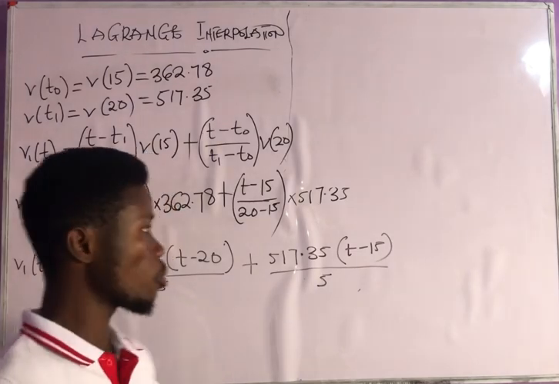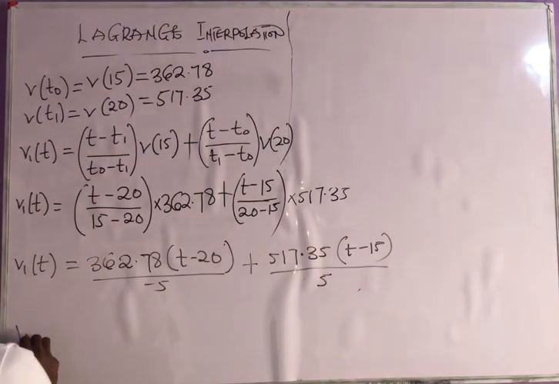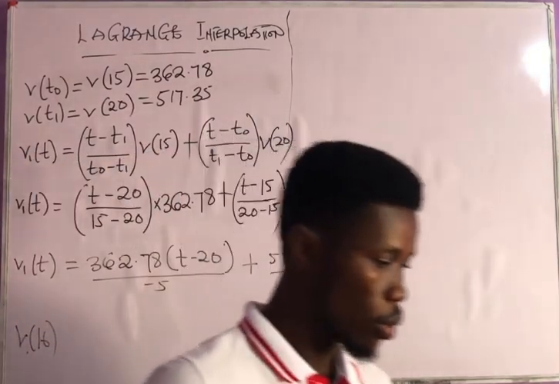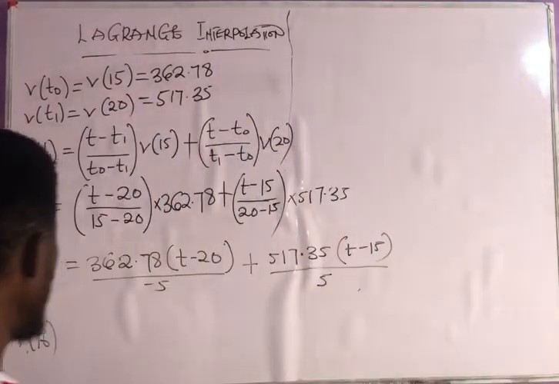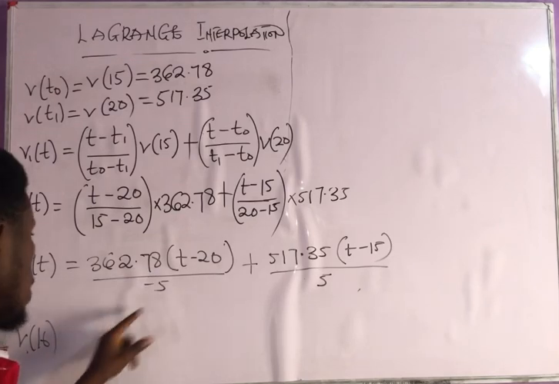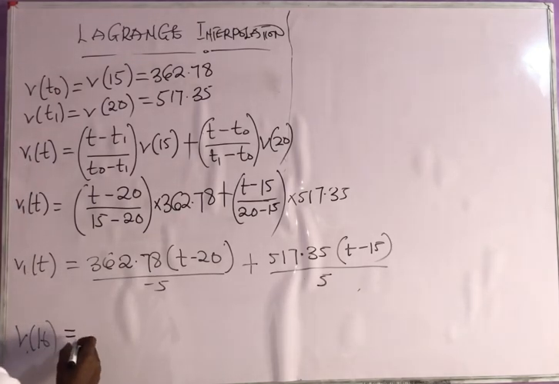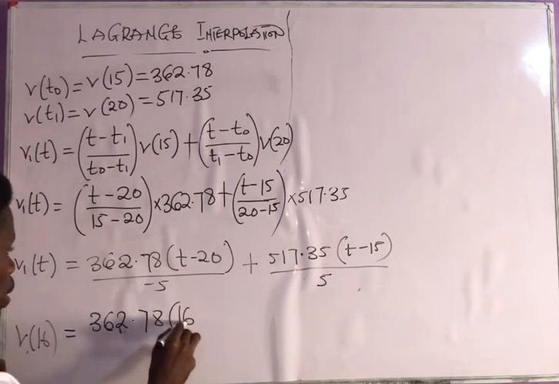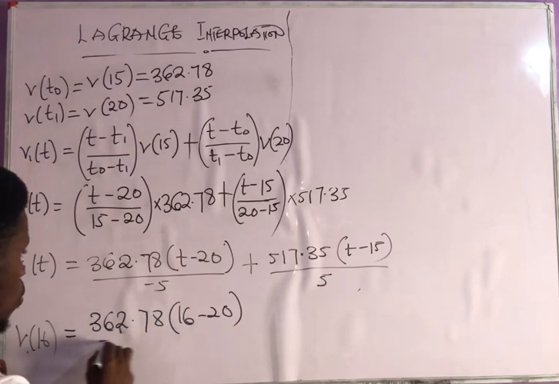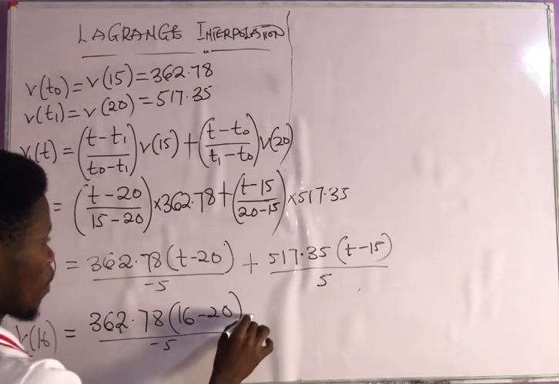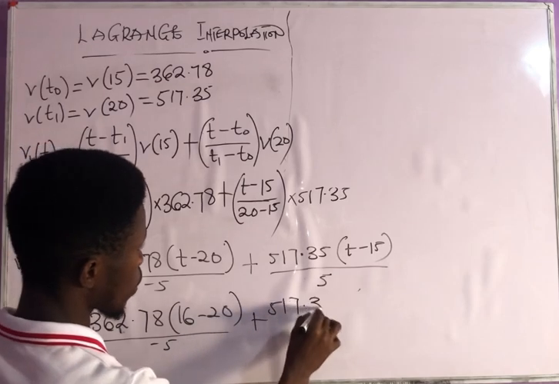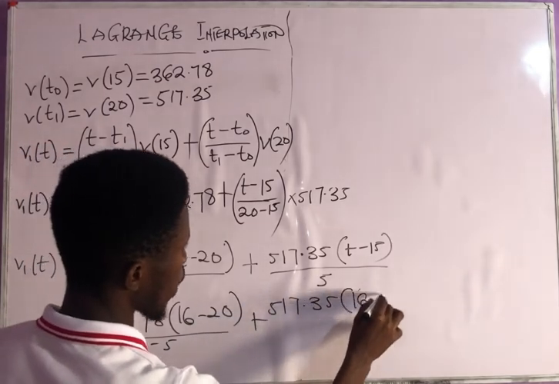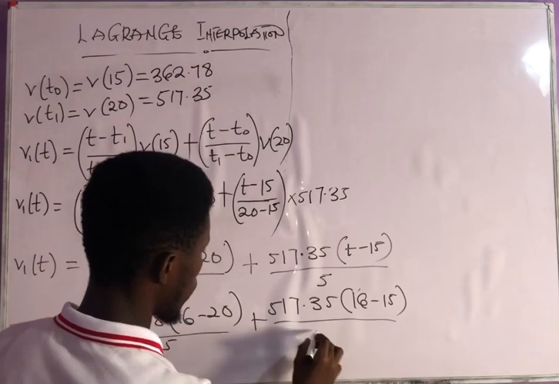Now the next question says you should find V of 16. How do you get V of 16? For you to get V of 16, you are going to substitute the t here by 16. So here I'm going to have 362.78 multiplying 16 minus 20 over -5, plus 517.35 multiplying 16 minus 15 over 5.